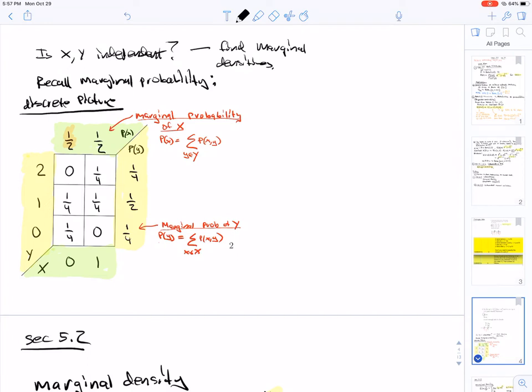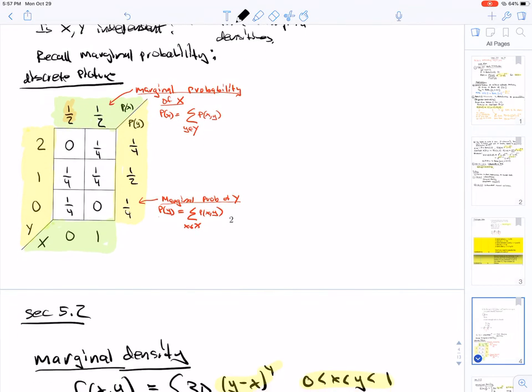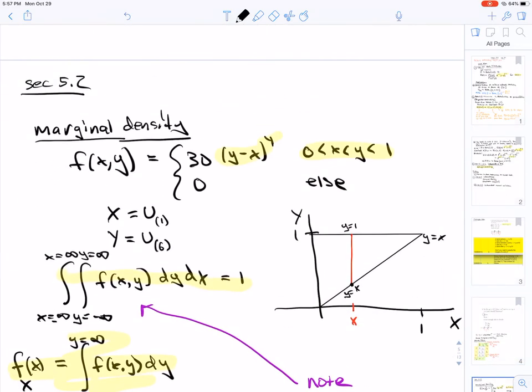P of y is the sum over all x in X for p of x comma y. And similarly for the marginal of x, you would fix x and then sum up all the cells above that x. So it works the same way for the continuous case.